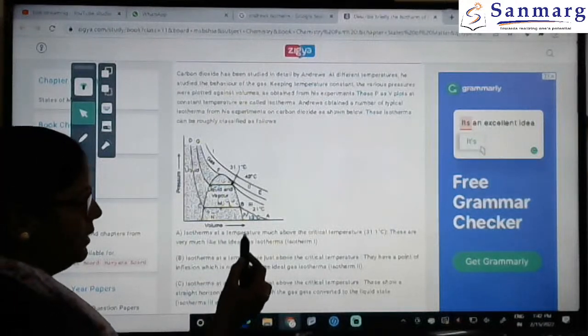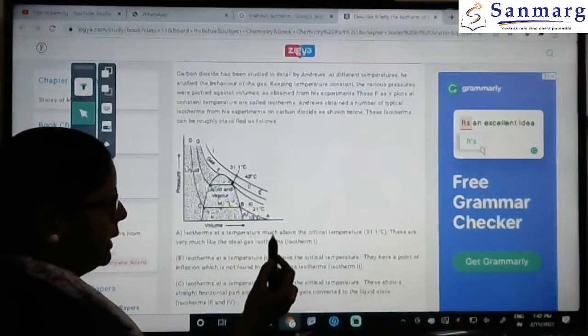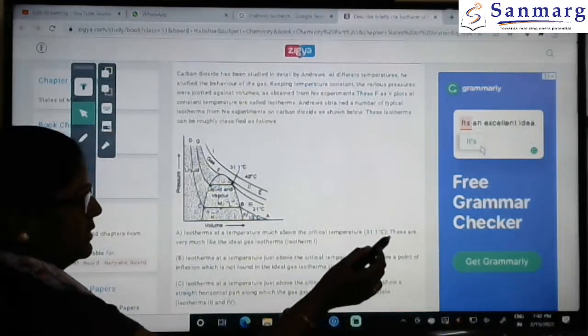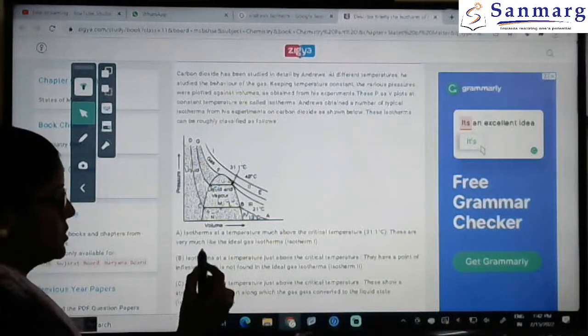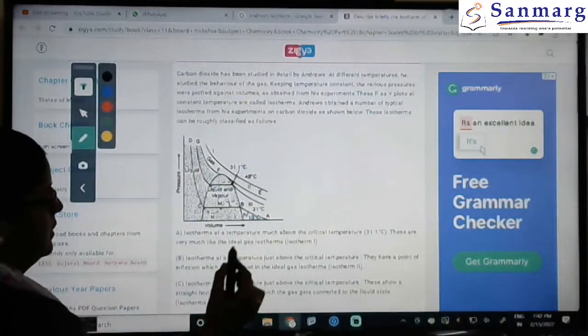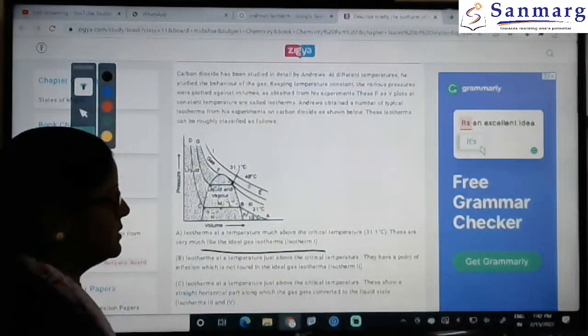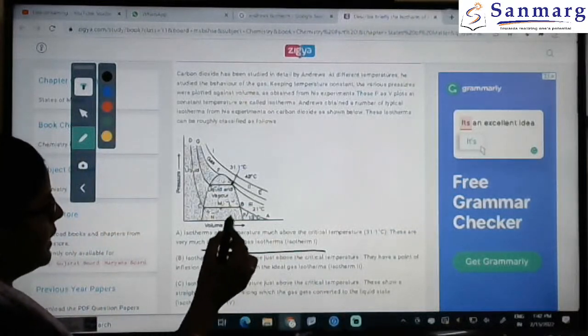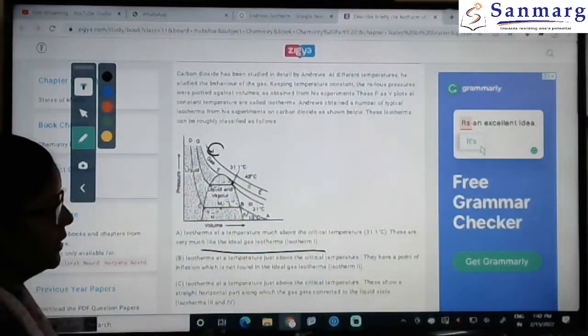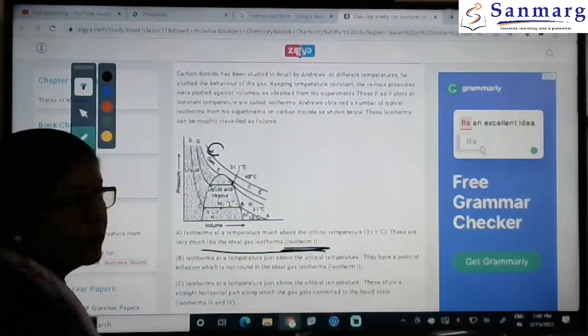Isotherms at temperature much above critical temperature 31 are very much like ideal gas isotherm. They are talking about this, the first curve, isotherm 1.